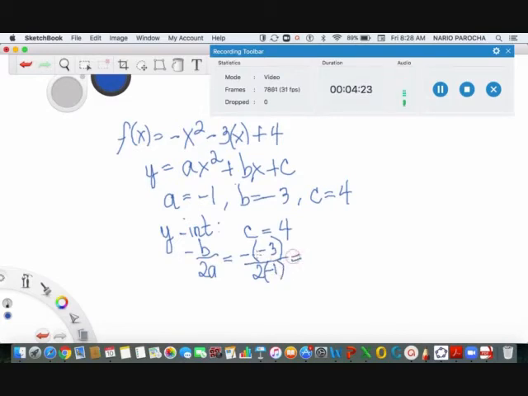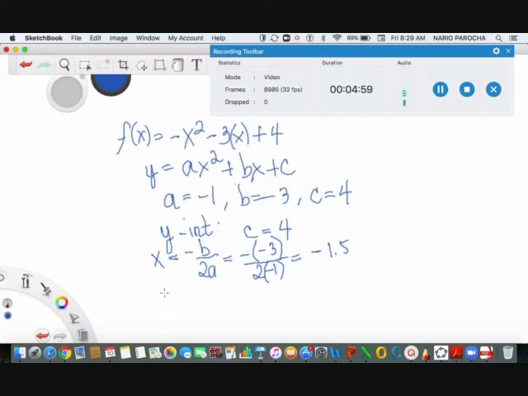Negative 3 divided by negative 2 is positive 1.5, times negative 1. So the equation of the axis of symmetry is x is equal to negative 1.5. Let us write x there.